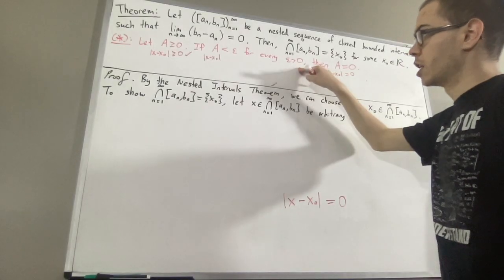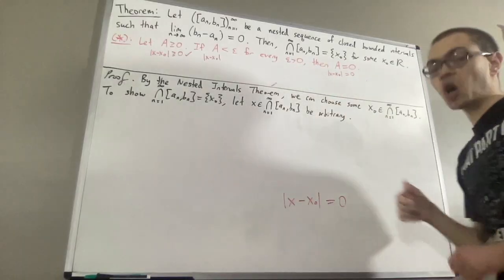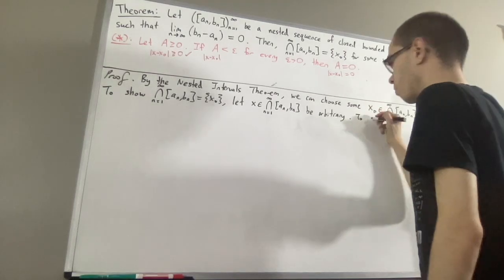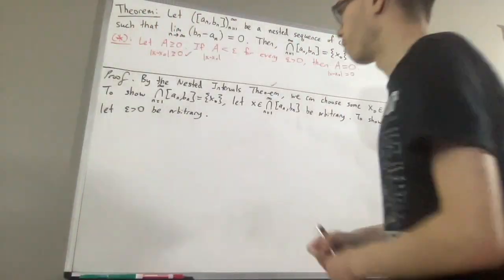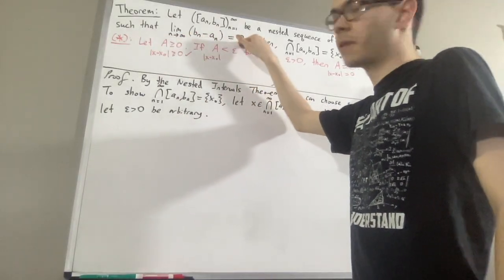And to show that, since we're trying to prove a statement about every epsilon greater than 0, let's give ourselves an arbitrary epsilon greater than 0. Now, we're going to be using the fact that the limit of this sequence is equal to 0.